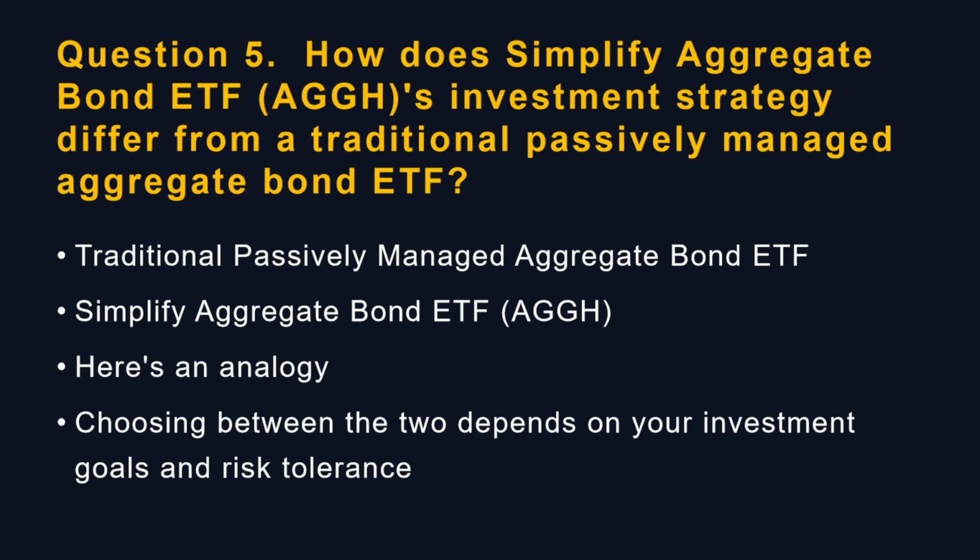This might involve selecting bonds with better potential for price appreciation, using derivatives like call options to generate additional income, employing strategies to hedge against interest rate fluctuations or credit downgrades. Management requires active management by a team of portfolio managers, leading to a higher expense ratio, 0.33% for AGGH.